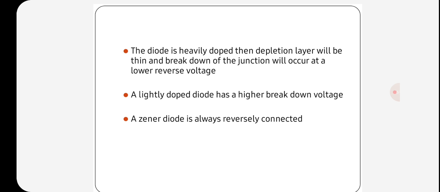Percentage of load regulation is V NL minus V FL by V NL into 100, where V NL is the no load voltage, that is, remove the load resistance and measure the voltage across the Zener diode, and V FL is the full load voltage. So this is the voltage regulation.